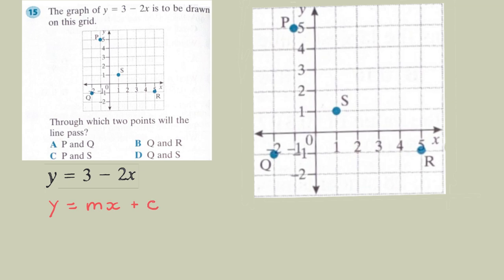And you'll know that this equation represents the slope and the y-coordinate, where it passes the y-axis. So m stands for the slope, and c stands for the point in which the line crosses the y-axis.